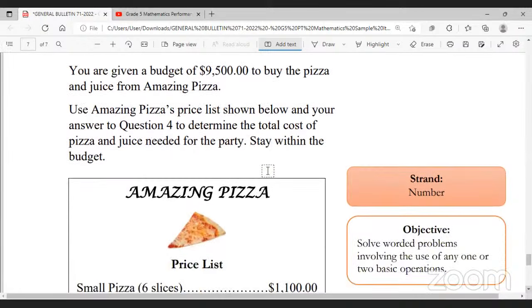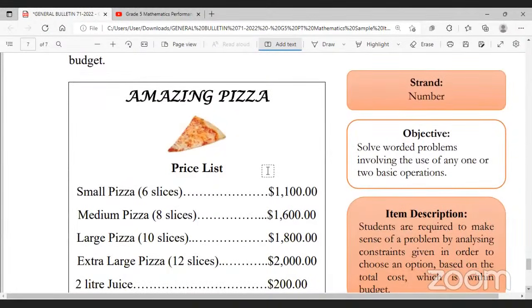And the objective of this question is also to solve worded problems using one or two basic operations. In this problem, we're going to be required to make sense of a problem by analyzing constraints given in order to choose an option based on the total cost, which is within budget.